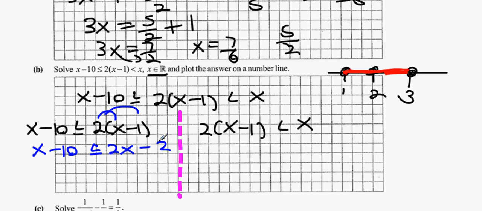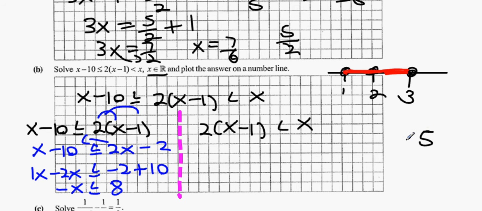Now we can move the x's to one side, so we get 1x minus 2x, and on the other side minus 2 plus 10. We find out minus x is less than or equal to 8. Now the way to do this is to think about what actually happens.